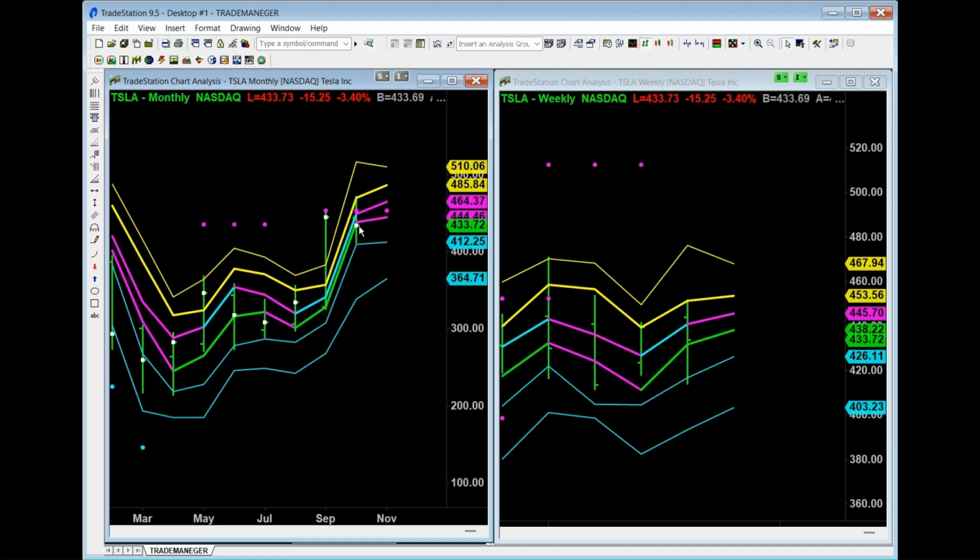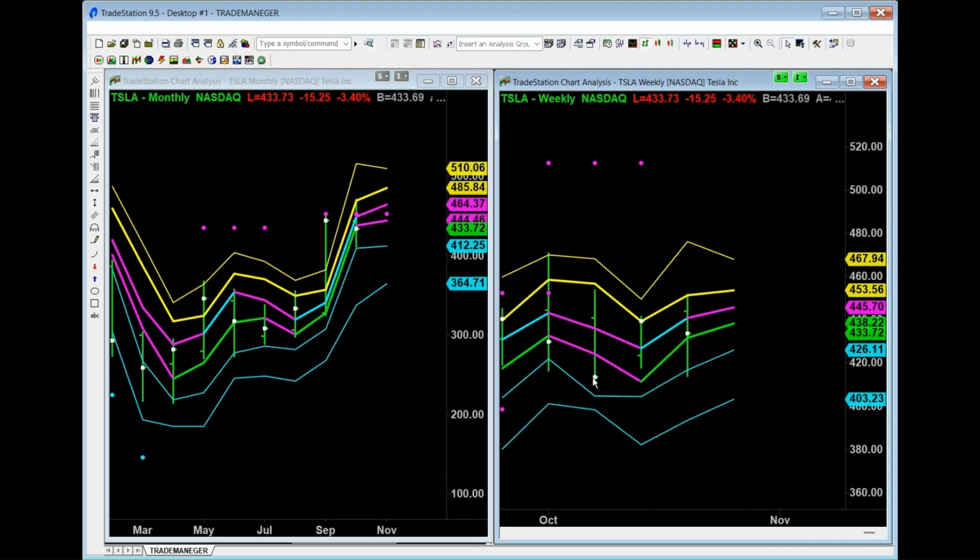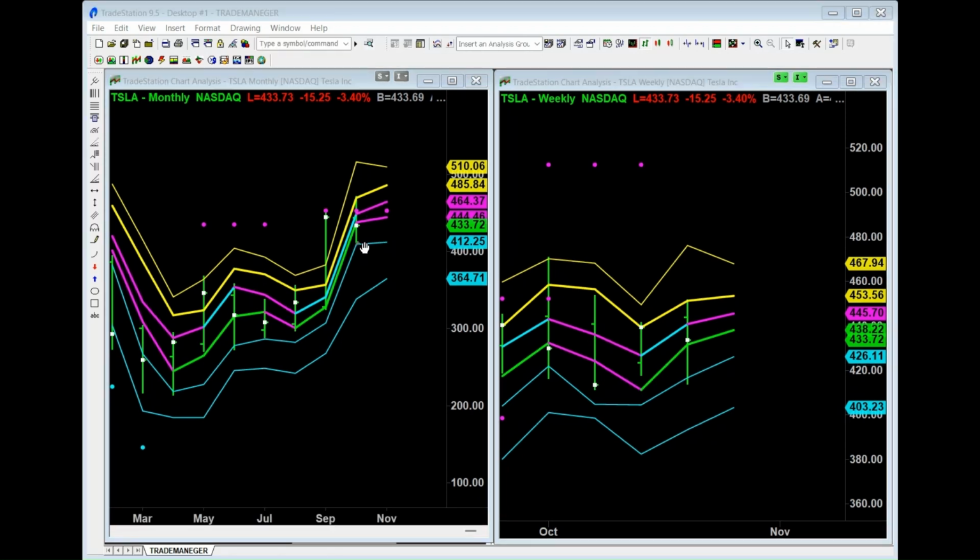So after my prediction, when I uploaded the video, it was around this price, $412. $412 is exactly around this major blue support trend line in this monthly chart.